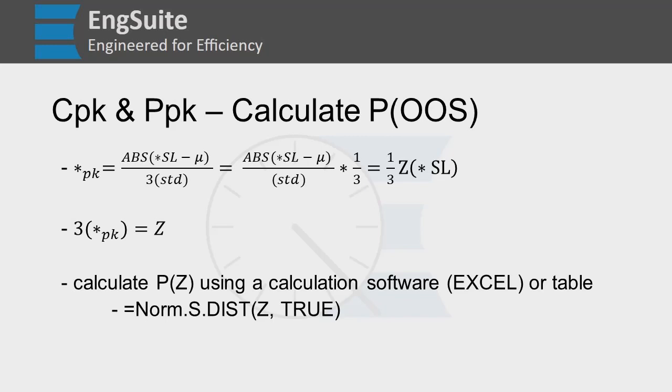So what that means is, if you use norm.s.dist and you put in 3 times your capability index, and you use true to get the cumulative distribution function, that gives you the probability of getting a failing, an out of spec value.